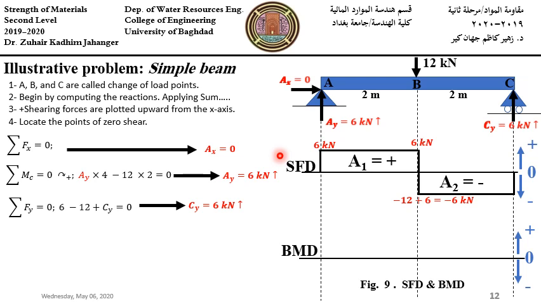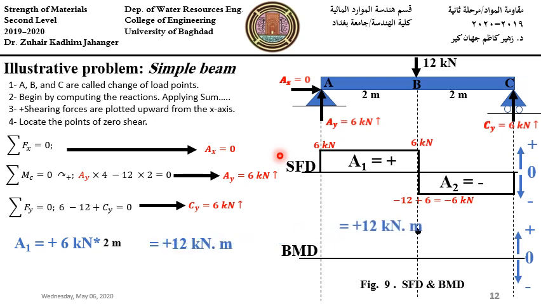The bending moment is 0 at A, and the bending moment at B is given by area 1. Area 1 equals 6 kilonewton times 2, which equals 12 kilonewton meter. We said the bending moment at B is given by area 1, and it equals 12 kilonewton meter.